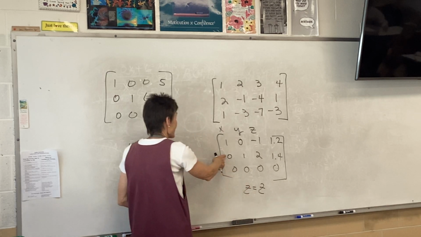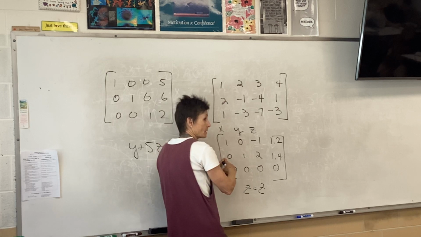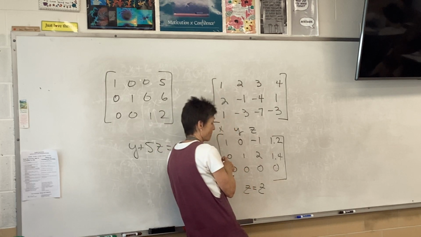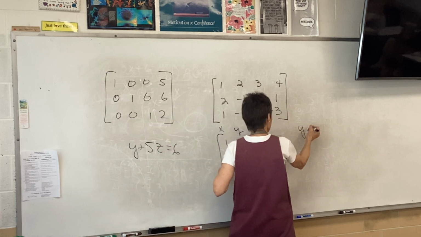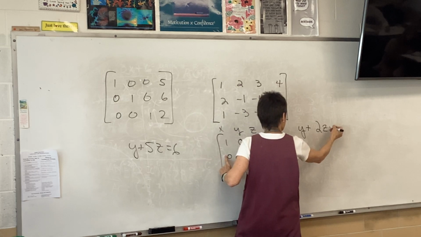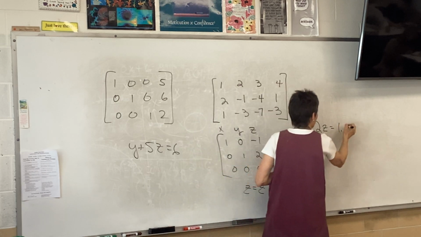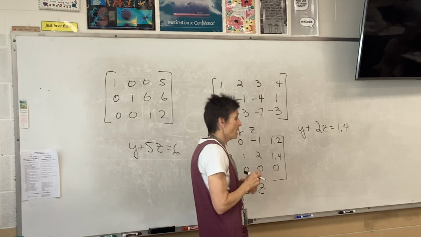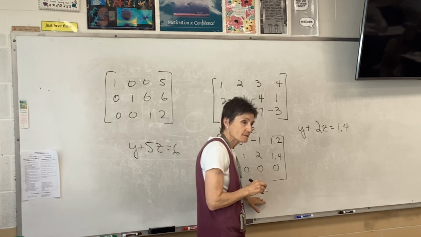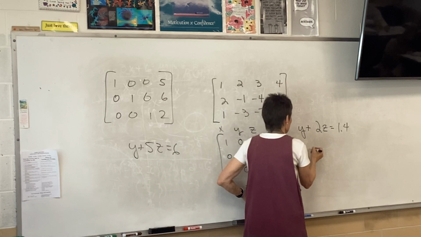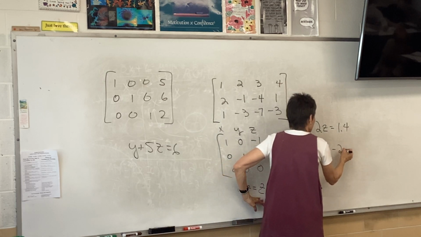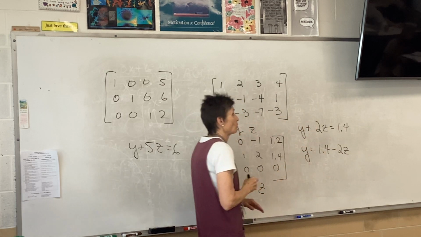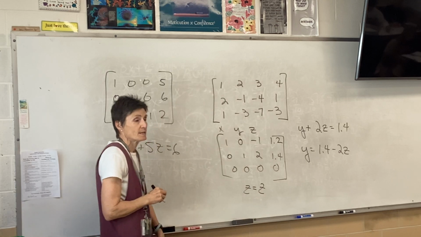Now what does this next row say? Y plus 2Z equals 1.4. I do not know what Z is, so the best I can do is 1.4 minus 2Z. Y equals 1.4 minus 2Z.